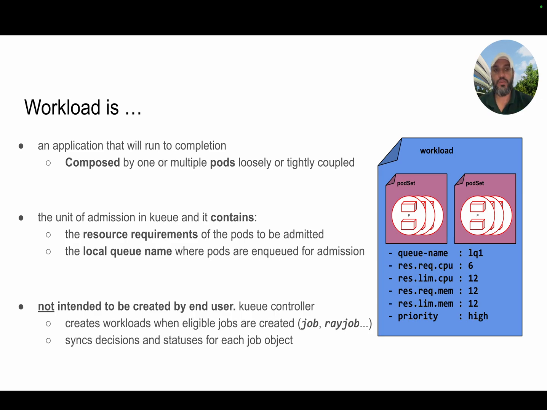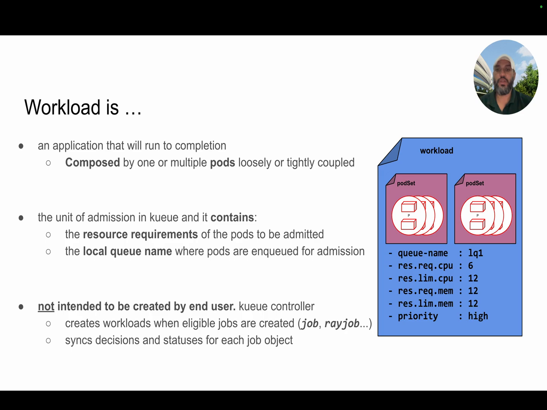A workload is the unit of admission in Kueue. It will contain the local queue name. As I mentioned, a workload will be attached to only one queue, and as it is taken from the job description, this is held by a specific label that Kueue will read from the job, and it will create the corresponding workload with the same queue name value.